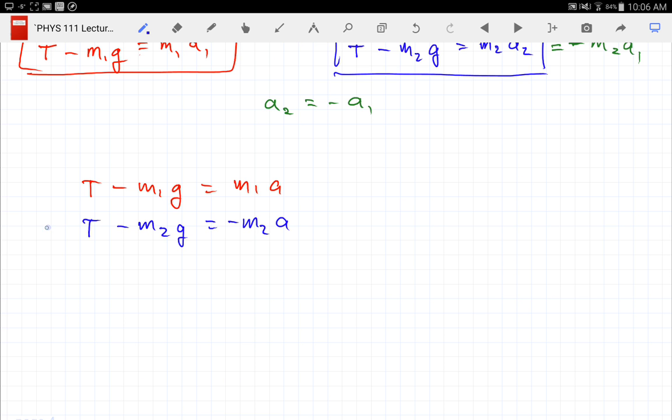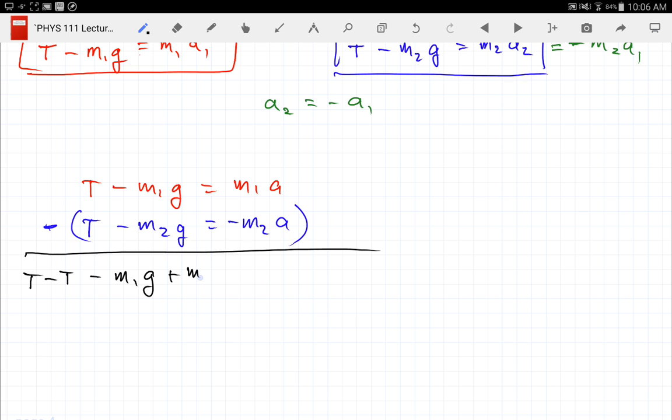And I'm going to subtract one equation from the other. Not subtract, add. If I subtract them, I'm going to have the... Oh, no, I'm right. I am going to subtract them. I want the tension to disappear. Subtract them because then I have tension minus tension is equal to no tension. So I have tension minus M1G plus M2G equals M1A plus M2A.